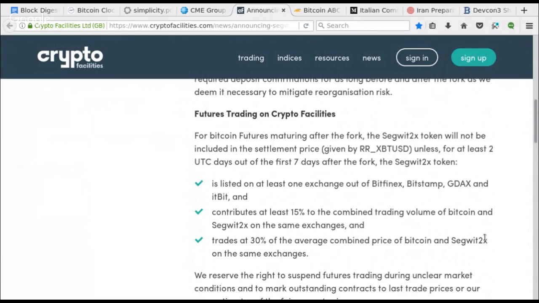Effectively, the bar they're setting is taking the cumulative value of Bitcoin and the 2x fork and requiring at least 30% of the net total on the 2x side to actually consider this something deliverable for the futures products they work. Or I'm assuming that's also the lower floor of even considering defining 2x as Bitcoin proper.